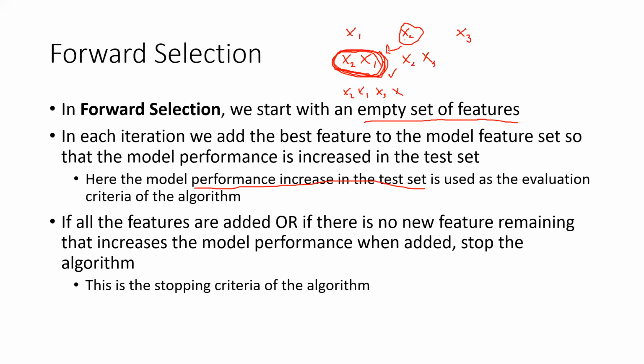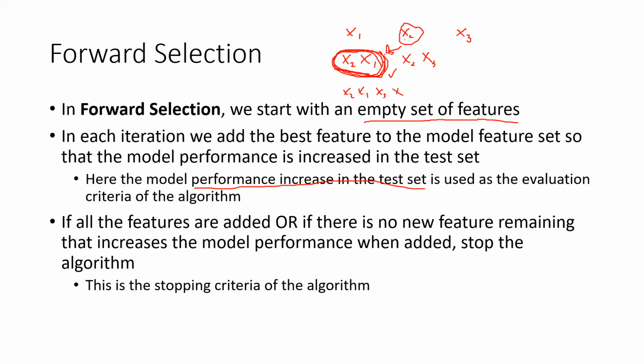Only if x2 and x1 are giving better results than x2, we move to this solution as the best solution. And then if this one is better, we add the third variable and see whether it is better. If it is not better than this one, we take this one as the final set of features. This is known as forward selection, right?